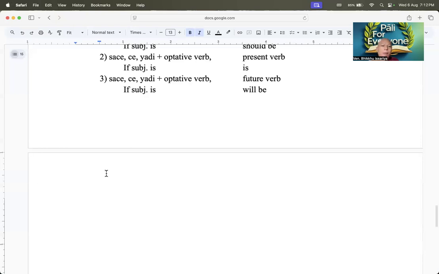Here, the words saji and yeti start the sentence. That means they take place at the beginning of the sentence.